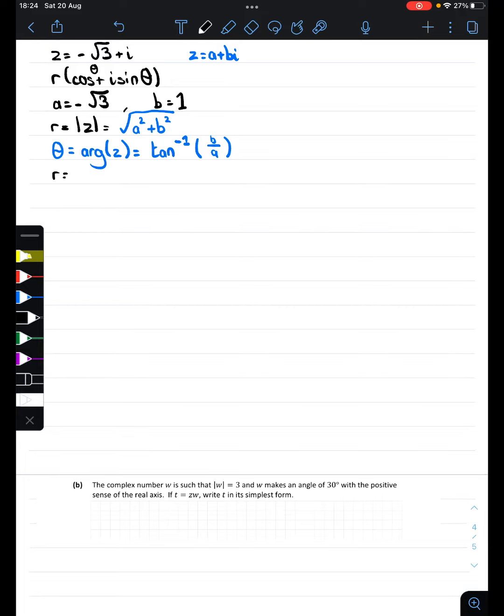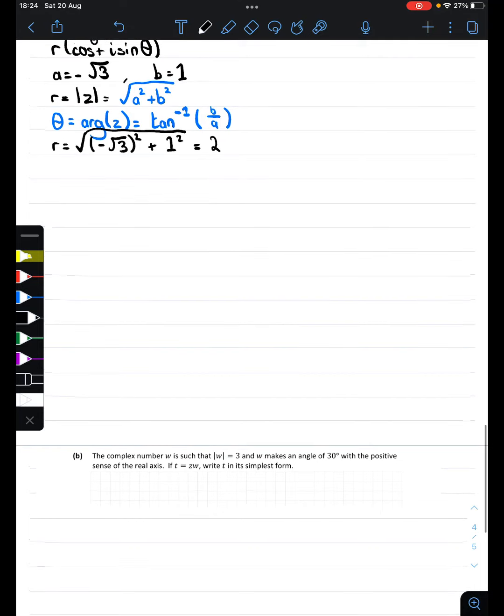So r equals the square root of minus root 3 squared, which will just be 3, plus 1 squared, 1. So this will just be the square root of 3 plus 1, the square root of 4, which is 2. So r is 2.